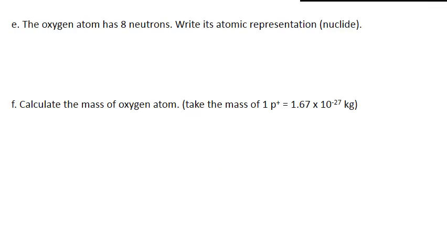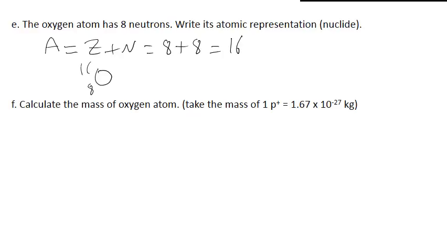Ali, oxygen atom has 8 neutrons. Write its atomic representation or nuclide. Okay, so we need to find what? 8 plus 8 equals 16. So O, what do we write at the bottom? 8. At the top? 16. Good. Hassan, calculate the mass of the atom.